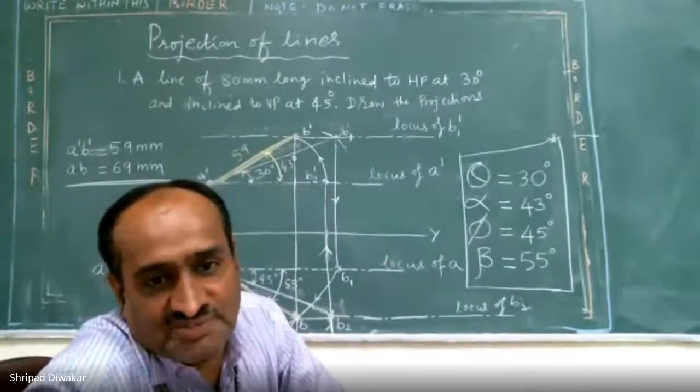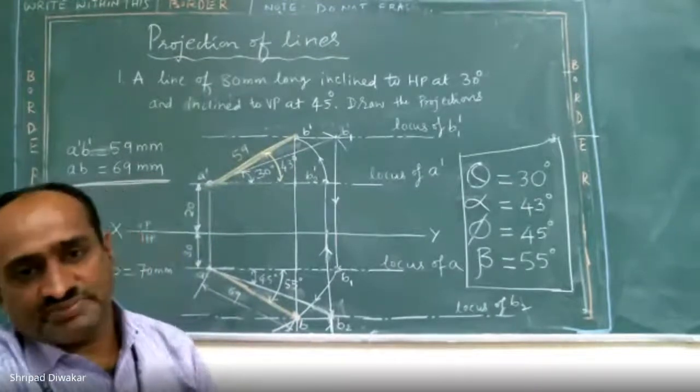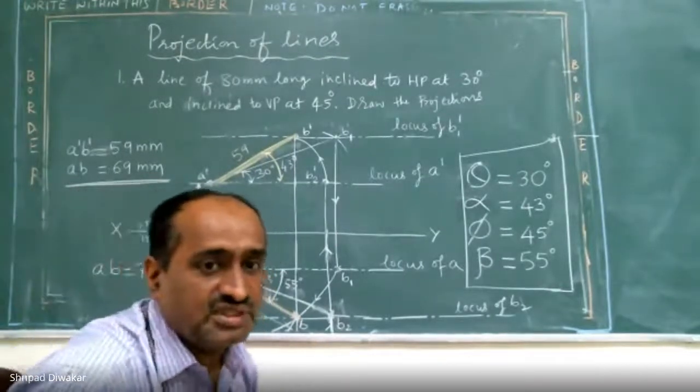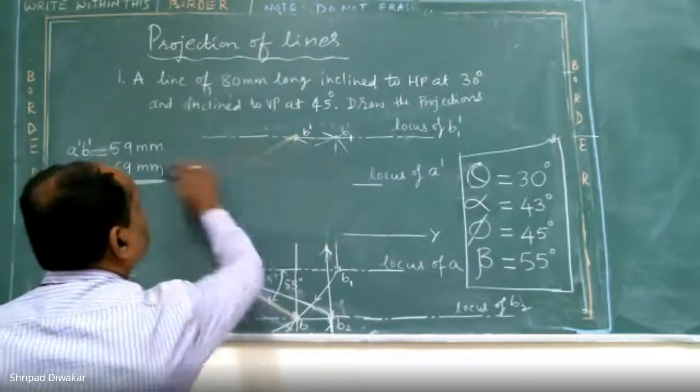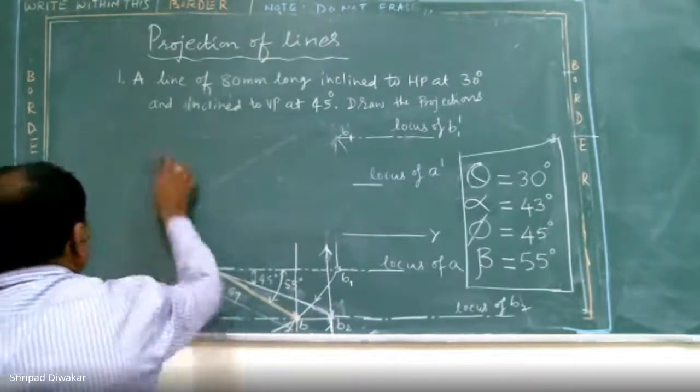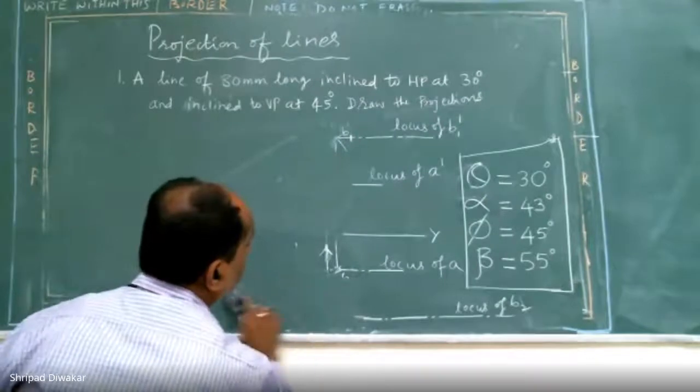In the previous problem, they gave some distance above HP and in front of VP. But here, no distance at all. Can you imagine how to start?